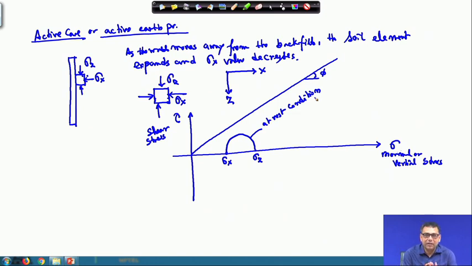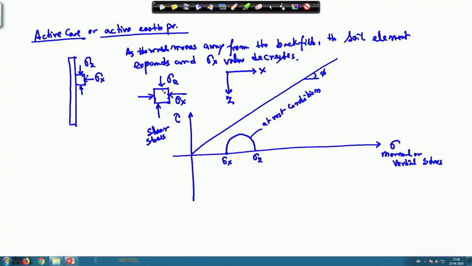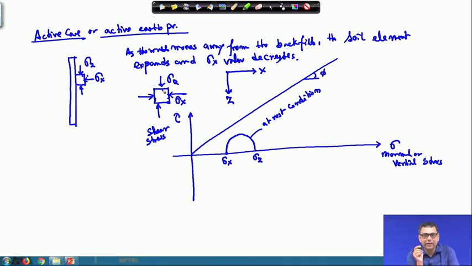Now your wall starts moving. The vertical stress sigma z will not change, it is constant, because at a point sigma z is gamma into z. But sigma x, the lateral stress, will reduce.